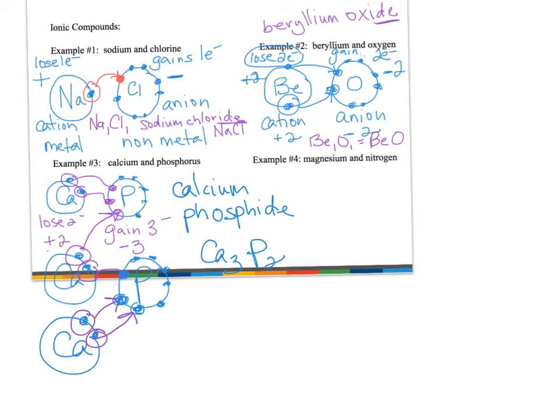But if we were to add the ionic charges, so we said calcium has a charge of +2 and phosphorus has a charge of -3, can you see that if you bring them down and cross them, you can see what the ratio of atoms is going to be in the compound, and that works for all ionic compounds.